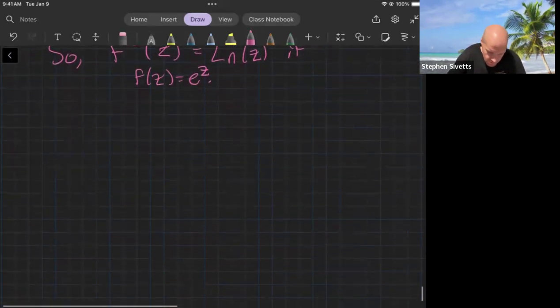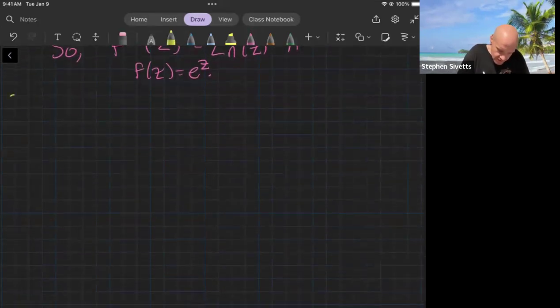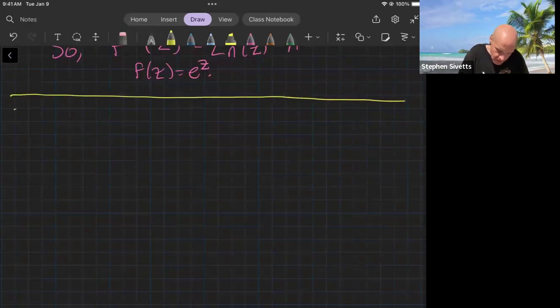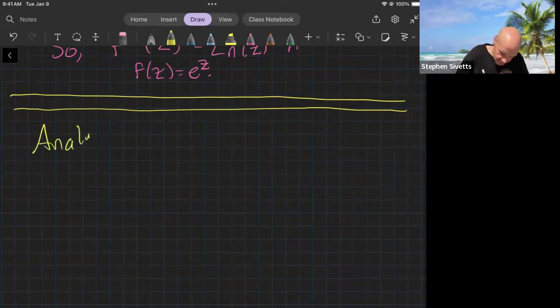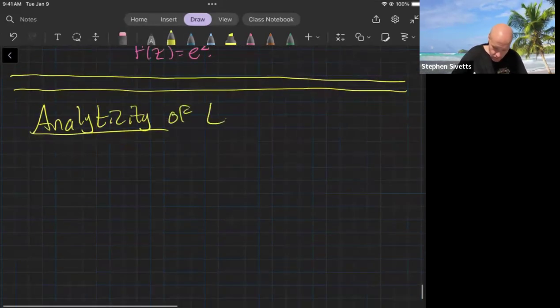Now it's interesting to know about the continuity and analyticity of the natural log function, or the principal natural log function. Okay, so let's talk about analyticity of capital natural log of z.